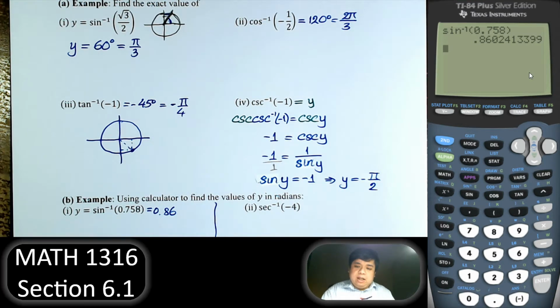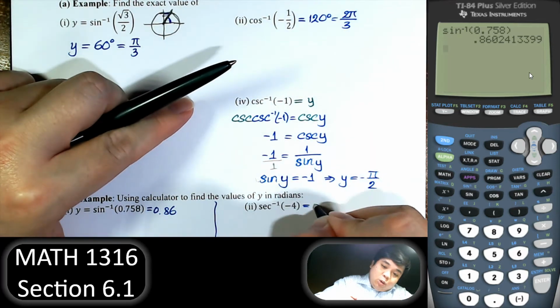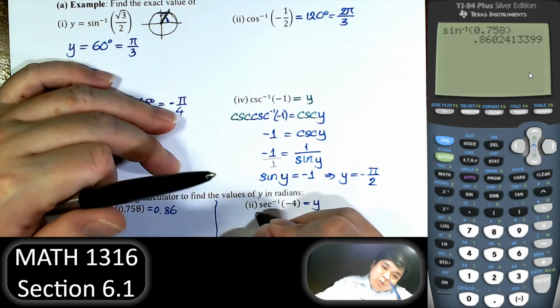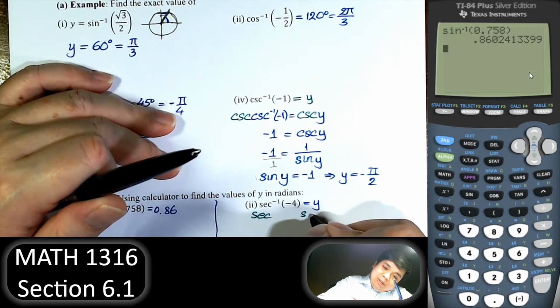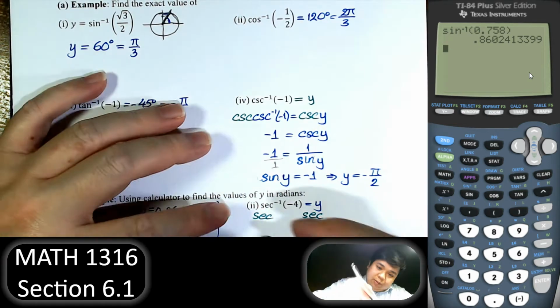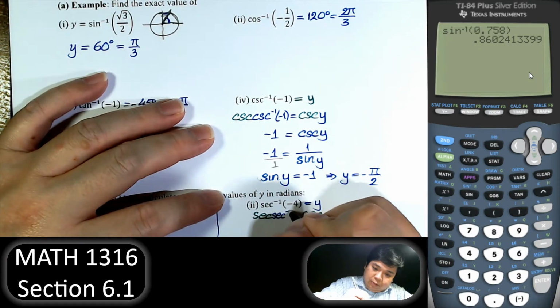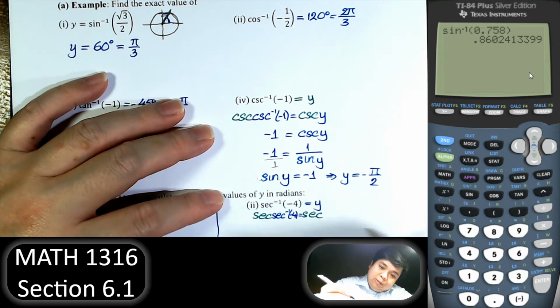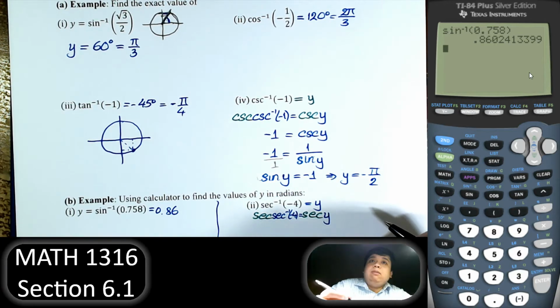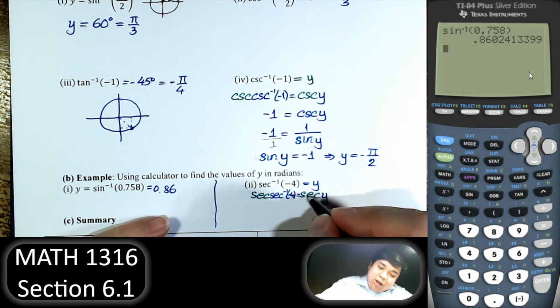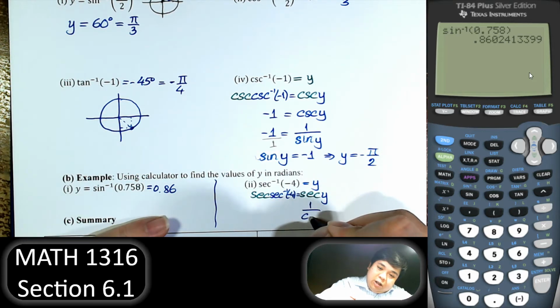Now if we have secant inverse and we don't know what it is, we can make that equal to y, and then take secant on both sides. That cancels out, and we have secant y, which is 1 over cosine y, equal to negative 4.